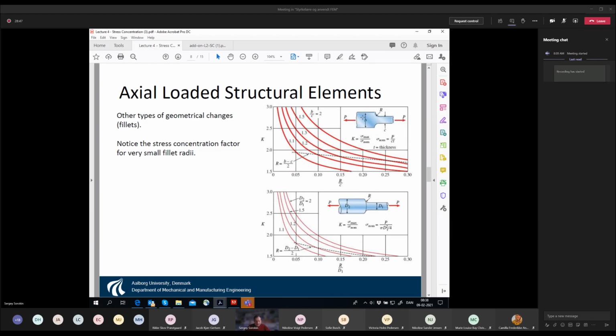So how steep is this change from B to C, but also you have a very strong influence of the ratio of this radius to what you have here in the end. And all these curves, as I say, were obtained using this mathematical theory of elasticity.